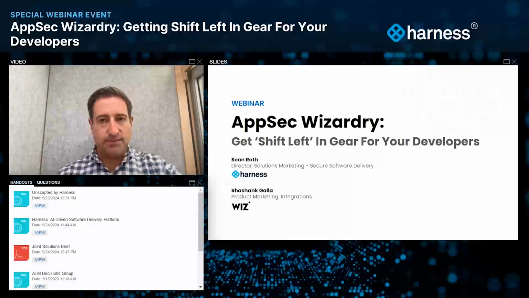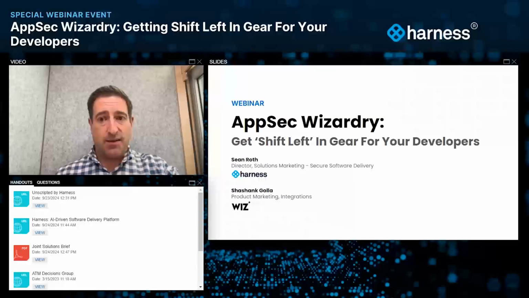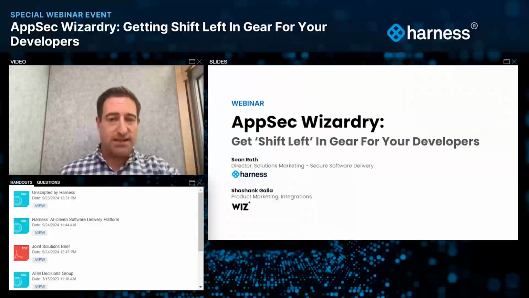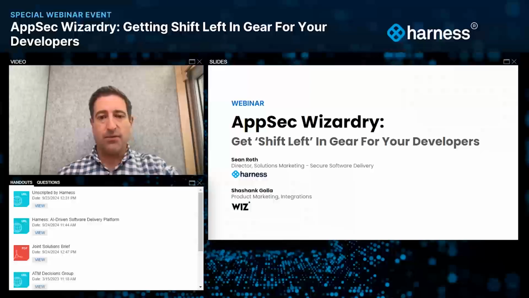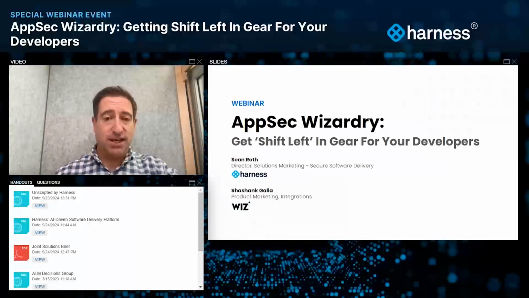Given the pace of developing modern applications today, security is in many cases just running to catch up. There are a whole variety of approaches that have needed to change in the world of modern applications, and shift left came through the whole rise of DevSecOps as a practice.